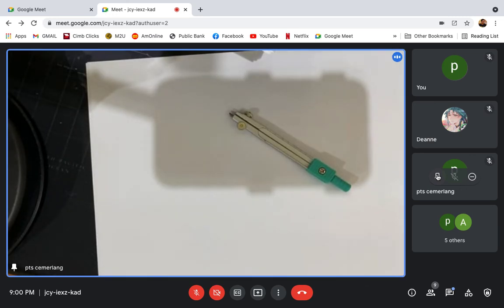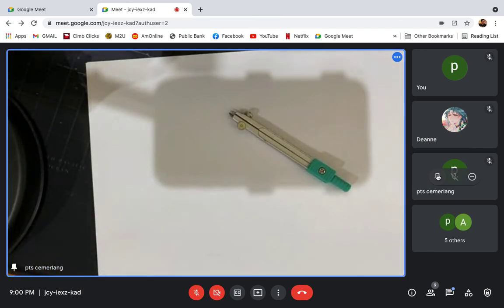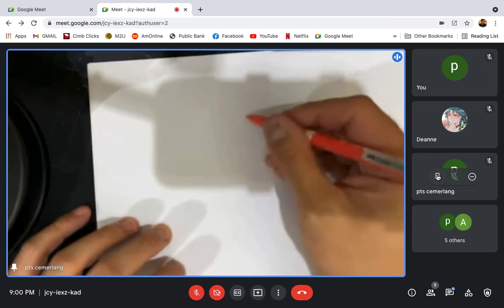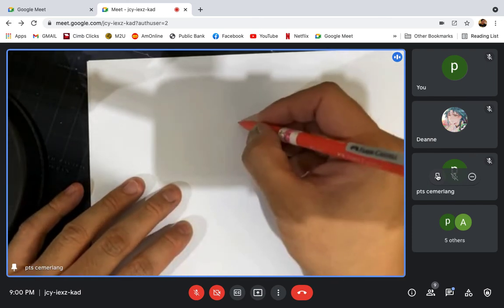Imagine. Okay. Imagine that I have a triangle, right? The triangle may be something like this now.